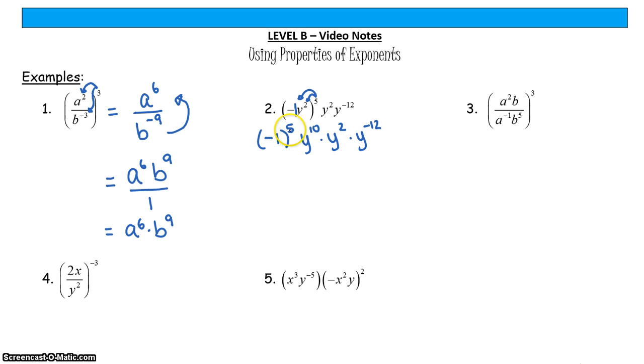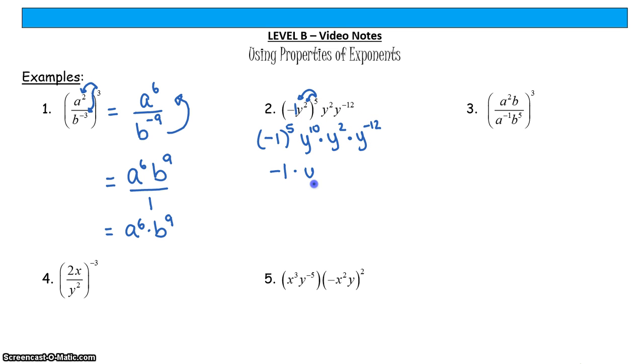Now, negative 1 to the 5th power is the same thing as negative 1 times negative 1 times negative 1 times negative 1 times negative 1, which is negative 1. Since the y's are all the same base, and we are doing a product of these, we're going to add the exponents.